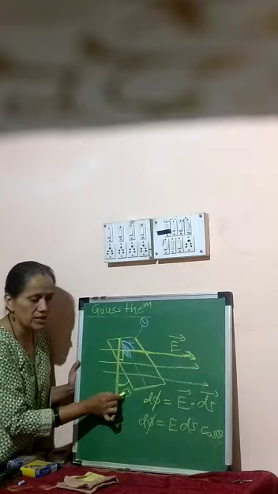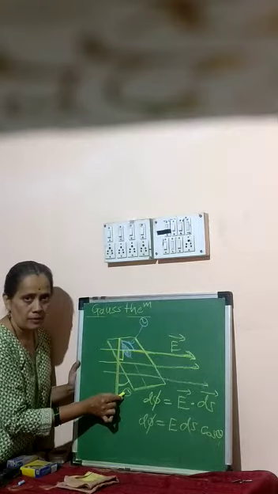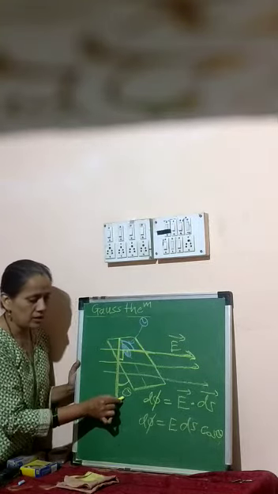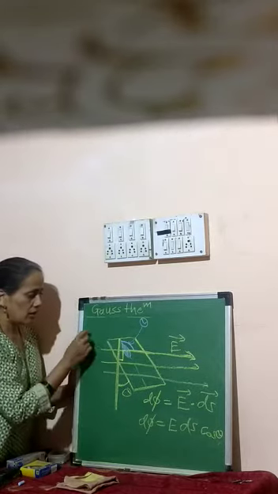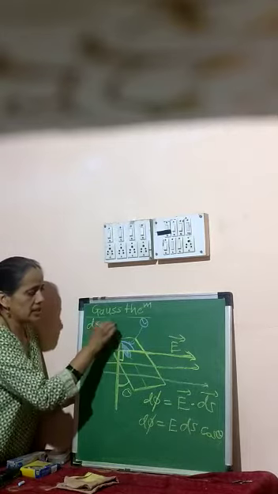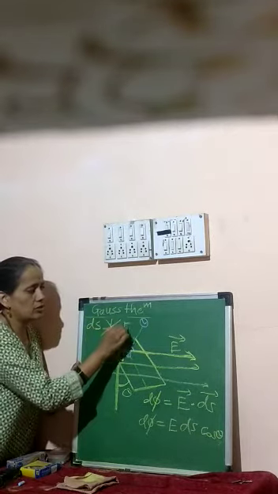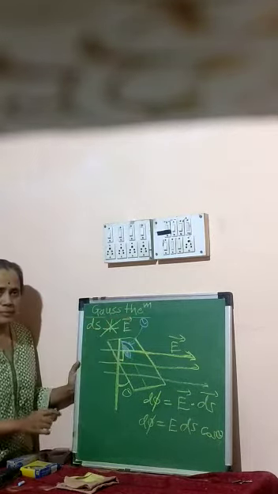So this is your formula for d phi when your surface area ds is not perpendicular to the direction of electric intensity.